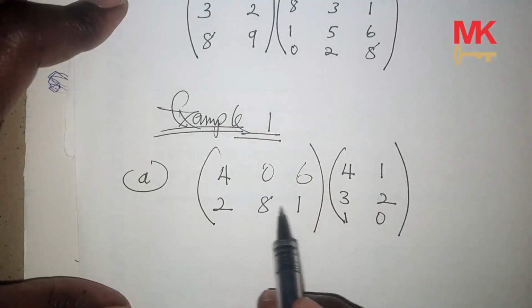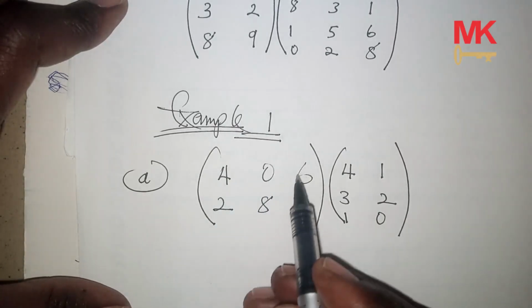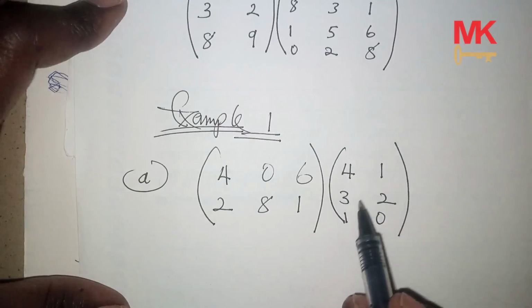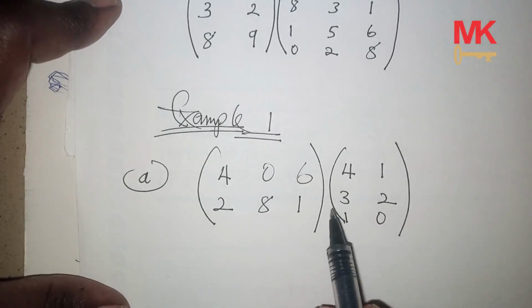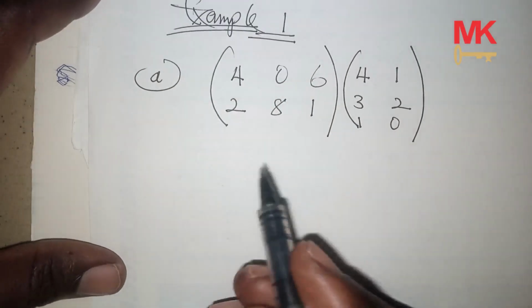So these two matrices can multiply because there are 3 columns here, 1 2 3, and the number of rows we have here are also 3. So the two matrices can easily multiply. Let's now carry out this multiplication and see how easy it is.